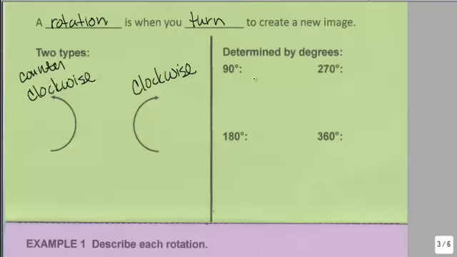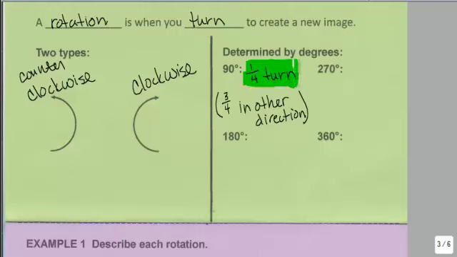And whenever you turn, 90 degrees is a quarter turn, or it is a 3/4 turn in the other direction that it says. But really all you have to remember is the quarter turn.